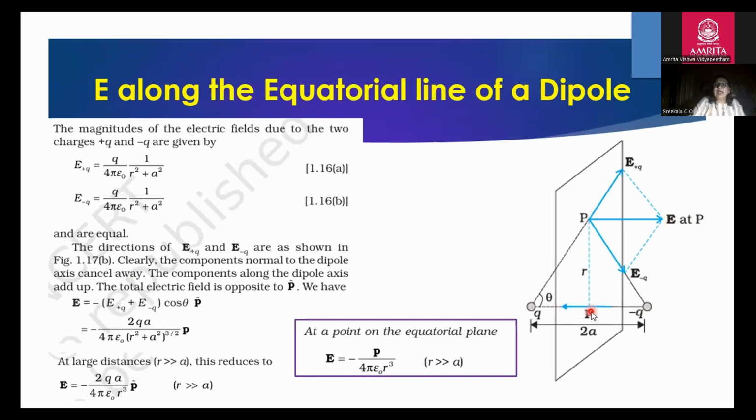That will be parallel to this dipole but opposite in direction. So the direction of E will be minus P. The direction of the electric field is opposite to the dipole moment P. You can see the direction here: for P it is from left, and for E it is right. That's why there is a minus sign here.